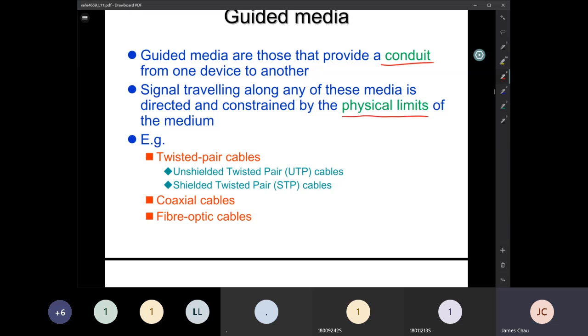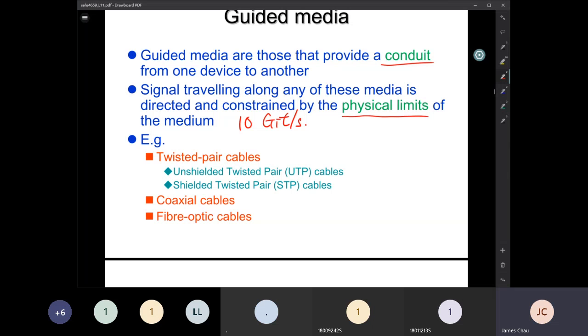We want to transmit our data as fast as possible. Therefore, we try to evaluate our transmission cables and also the transmission methods. Nowadays, as I told you before, network cables usually support a maximum data rate of up to 10 gigabits per second. It is a very fast speed.